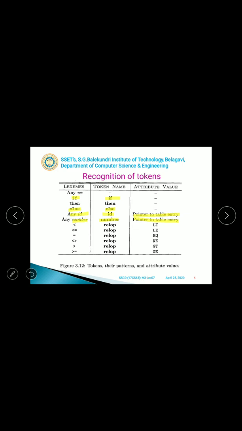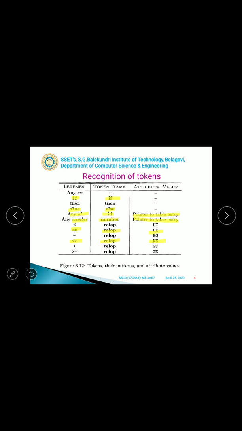Similarly, for all these relational operators, for example, if it is less than or equal, then it returns a token RELOP, and it has to give the attribute value as less than or equal to. If it is not equal, then the token is RELOP and the attribute value is not equal.